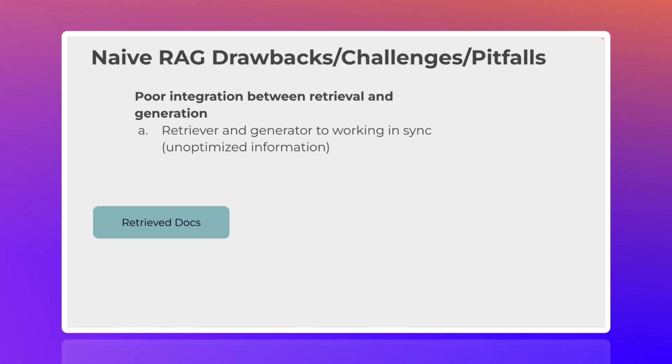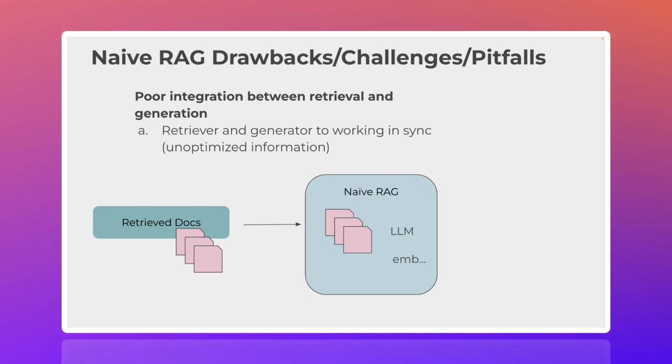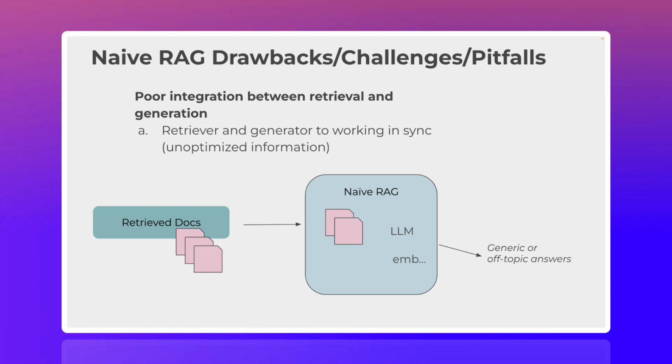So again, we have the retrieved documents, and these are of course used through the naive RAG system. What happens is that we may lose what's actually important, what is relevant, and we end up with very generic or even off-topic answers through this whole process, because the generator and the retriever are components that are working independently without optimizing their interactions.